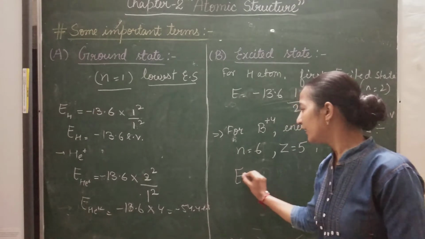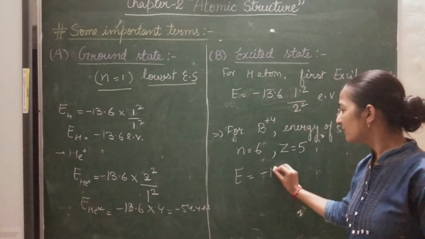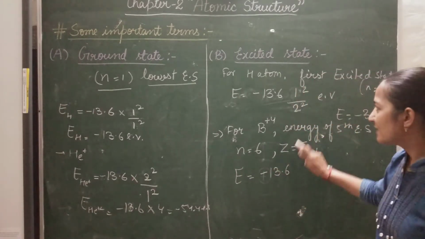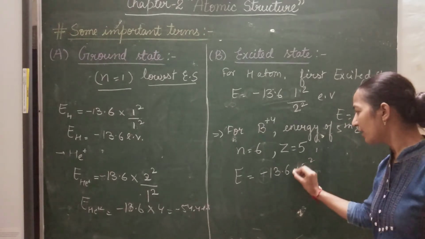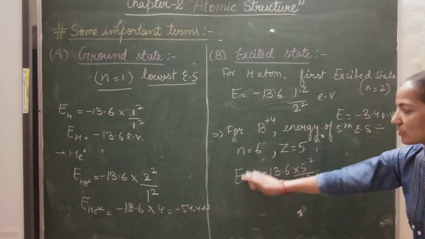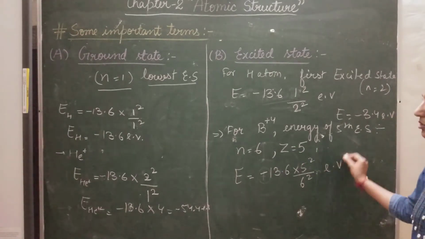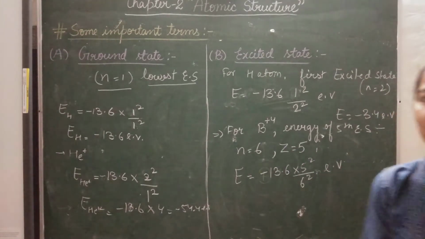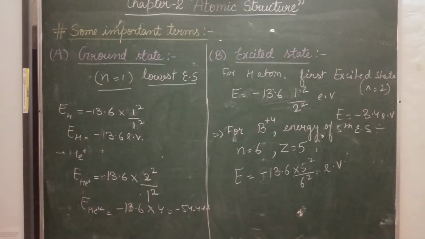So we will calculate energy is equal to minus 13.6 Z square, that is 5 square upon n square, that is 6 square. When we solve it, we will get the energy of the fifth excited state of boron plus 4 ion.